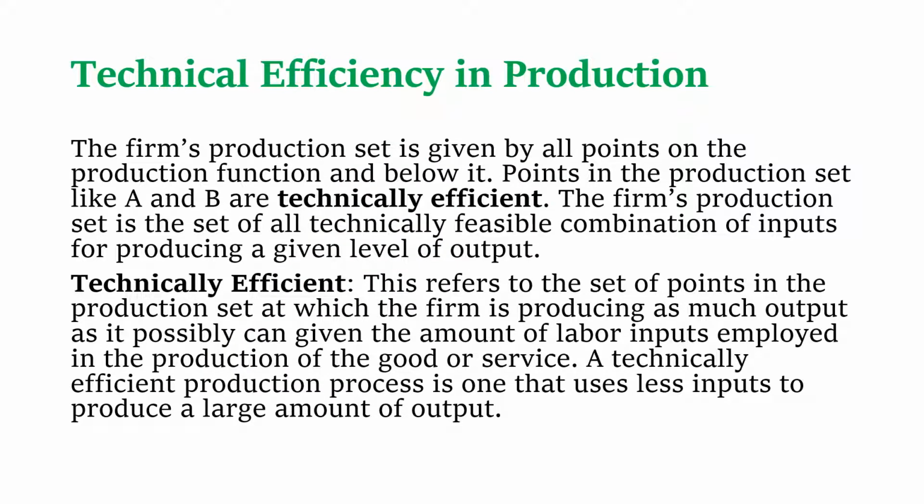A farm's production set is given by all points on the production function and below it. So all points on the production function and below it, that's the production set of the producer. Now, it cannot produce beyond points A and B in the previous slide. You see points A and B are on top of the curve, right? So the farm cannot produce beyond points A and B because it does not have the capacity to do that.